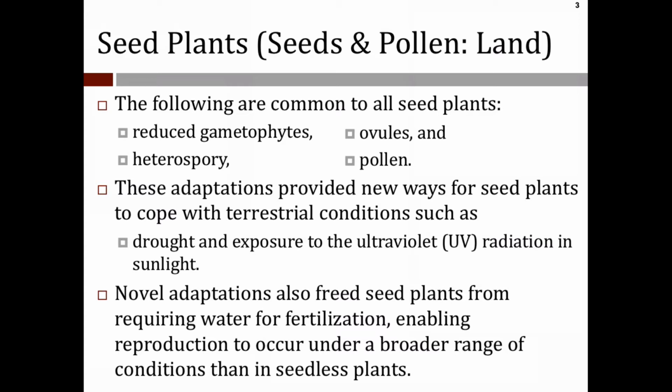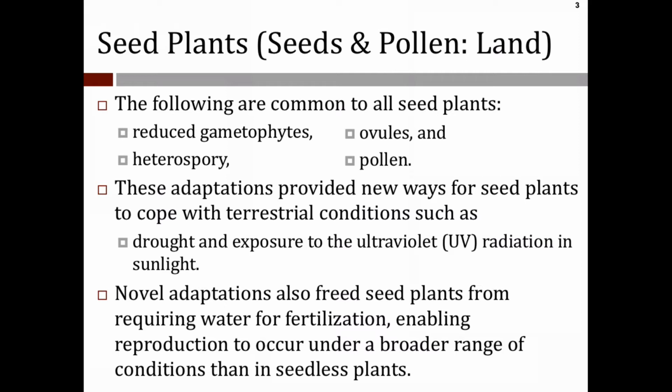Very quickly, let's get to evolutionary adaptations for plants to live life on land. The reduced gametophyte I've already mentioned. The ovules I've already mentioned. Heterospory I've already mentioned, and I'll get to pollen shortly. All of those four things allowed plants to cope with life on land, where it is dry.